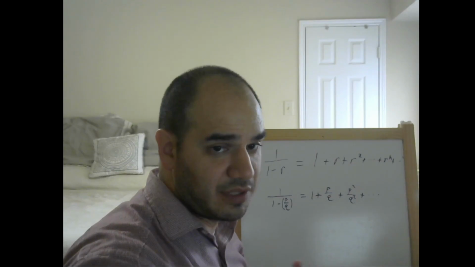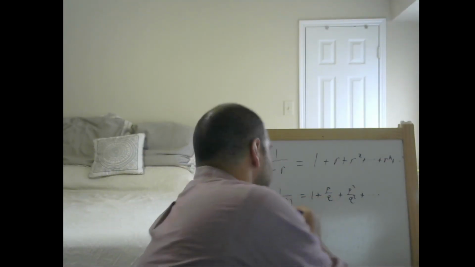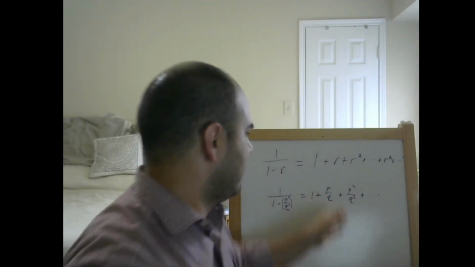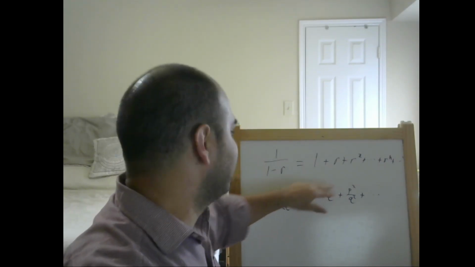So the substitution we're going to make is to make it p to the s over q to the s, and then each one of these ratios now becomes p to the s over q to the s.